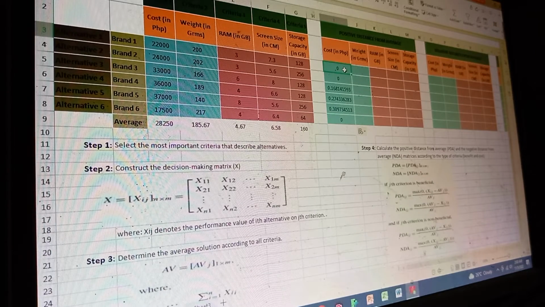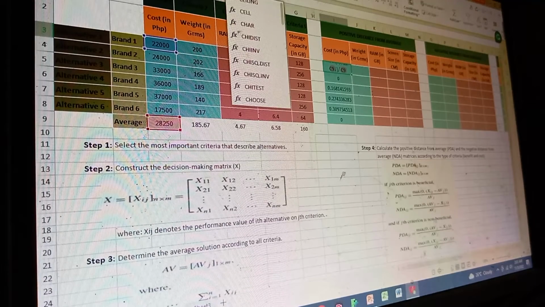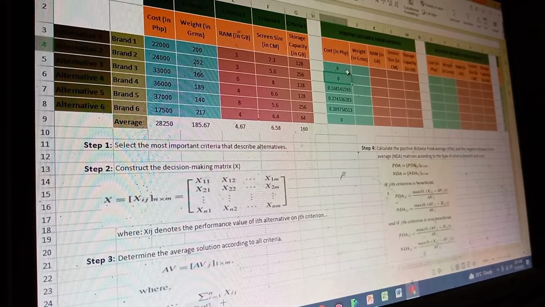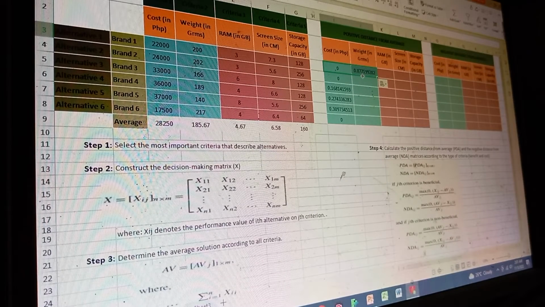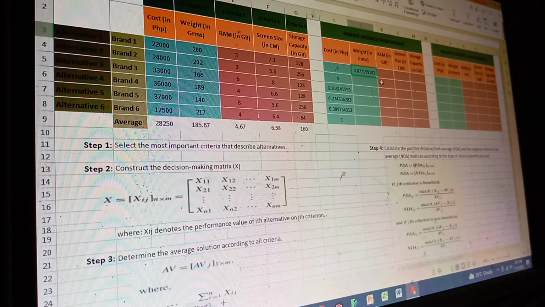Then if we want to copy the formula to the next cell, we just remove this $ sign here, so that we will not need to input everything again. So copy, then drag down.